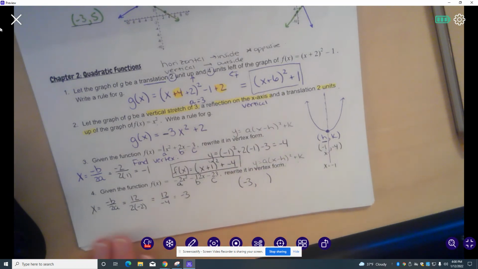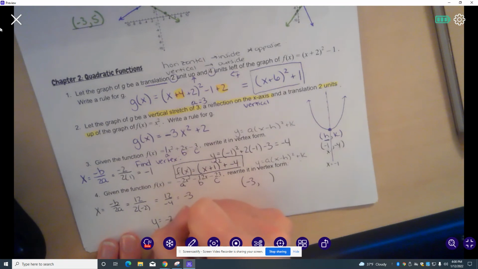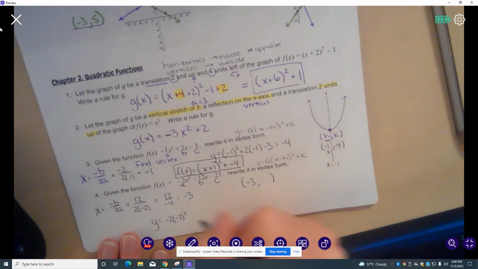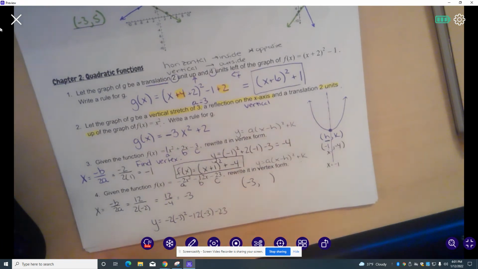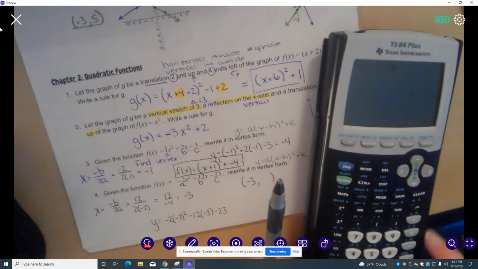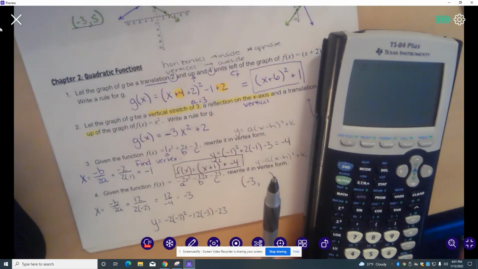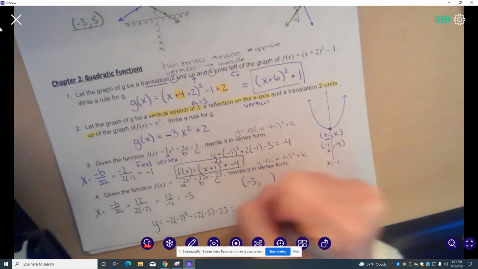So remember, we're going to take that x value and plug it in. Okay, so y is going to be equal to -2 times -3 squared minus 12 times -3 minus 23. And I get that y value is -5.